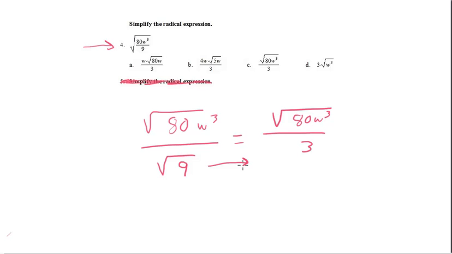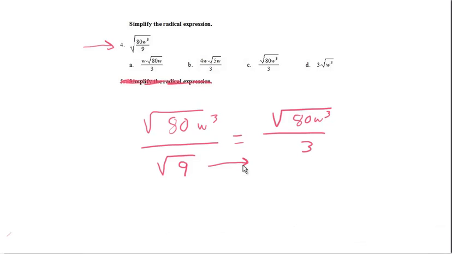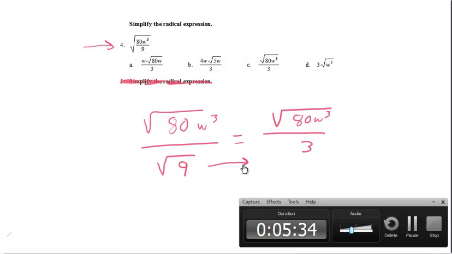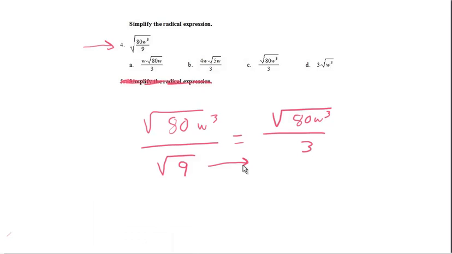So now we need to figure out what we're going to do with this 80. I might not immediately recognize where my largest perfect square is, which I'll put in blue over here, because I know 16 times 5 is 80. 16 is a perfect square. So I might have to think about this 80 for a minute and go, okay, what else can it be?